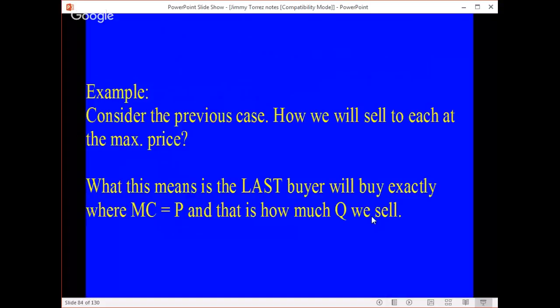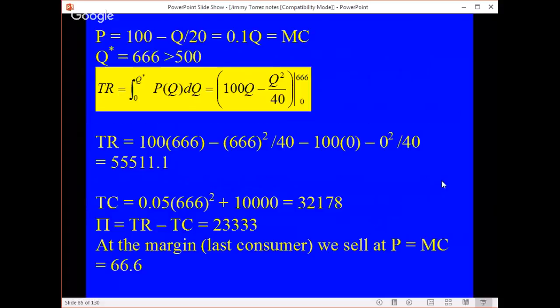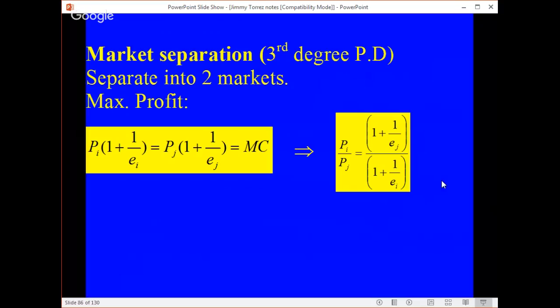We sell to each at the max price. That means the last buyer will buy exactly where marginal cost equals price. And that's how much Q we will sell, just like perfect competition. It's just a transfer, right? And never mind. Integrals are bad. We're not going to mess with them.